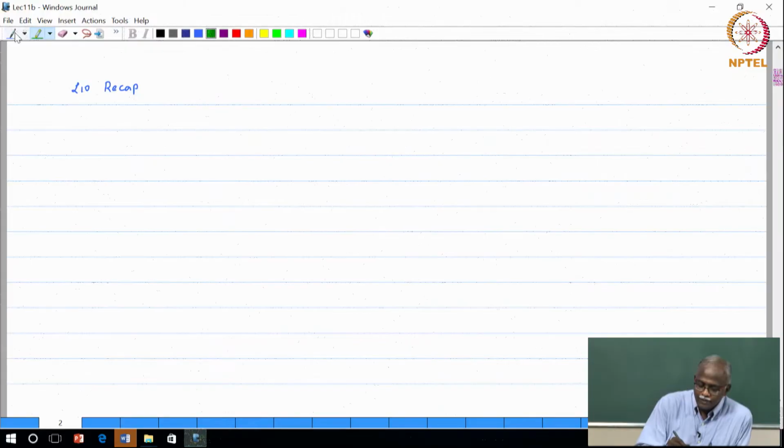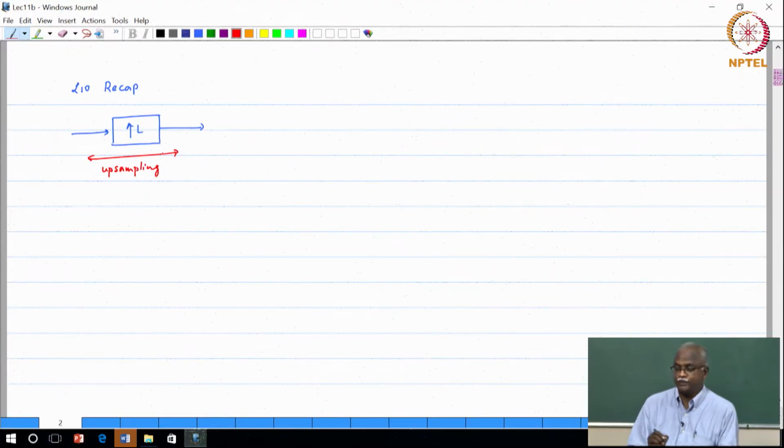The two basic building blocks we have are the upsampler and the downsampler. We label this portion of the processing as upsampling. It is the insertion of L-1 zeros between two successive samples. Because of the number of samples present, you have effectively increased the sampling rate of the system.